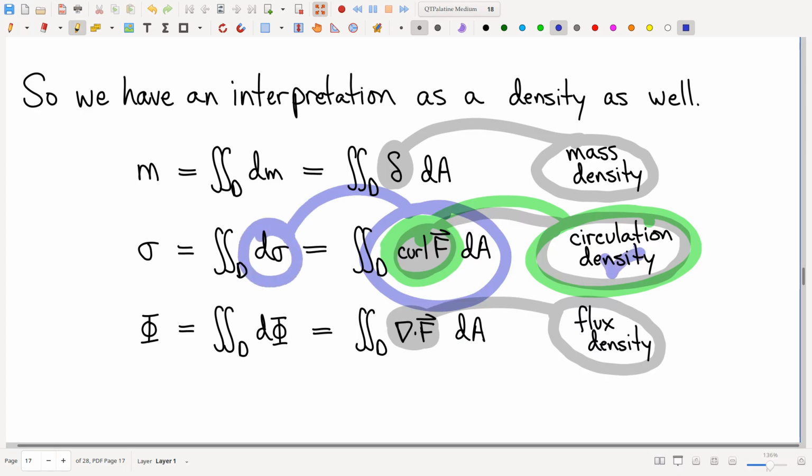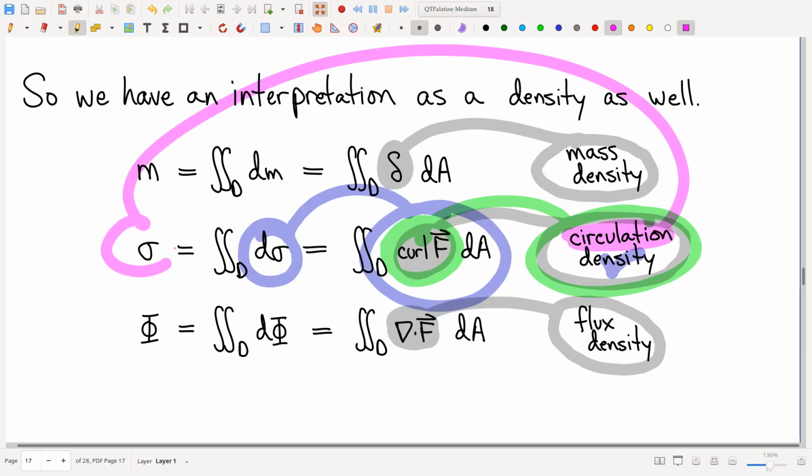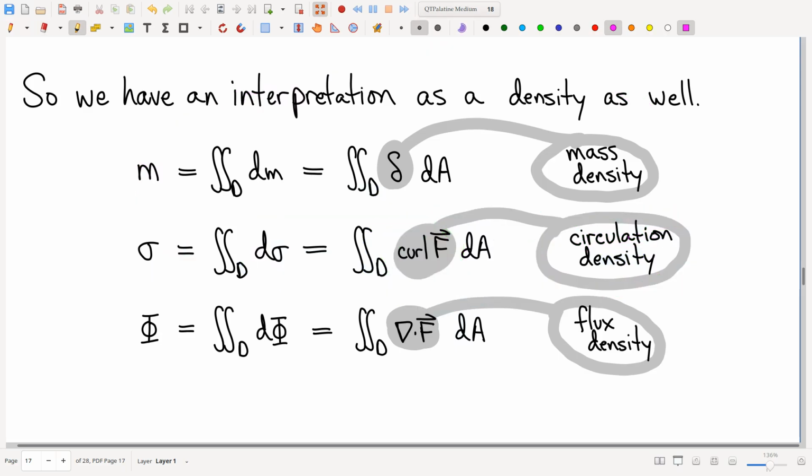So it is a density in exactly the same way. And again, what kind of density? Well, circulation density. That's what kind of density. It makes exactly the same amount of sense. It's a really great way to think about it. Okay. All right, so in my class, you're going to hear a lot of this. Outside of my class, not so much. Okay. All right.